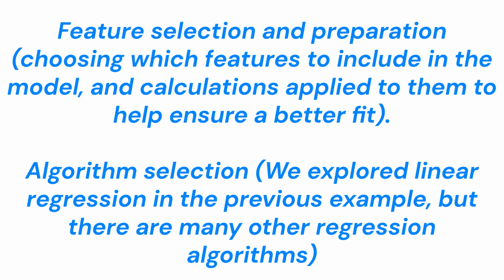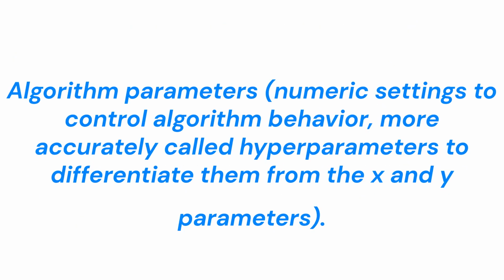Algorithm selection. We explored linear regression in the previous example, but there are many other regression algorithms. Algorithm parameters. Numeric settings to control algorithm behavior, more accurately called hyperparameters to differentiate them from the x and y parameters. After multiple iterations, the model that results in the best evaluation metric that's acceptable for the specific scenario is selected.